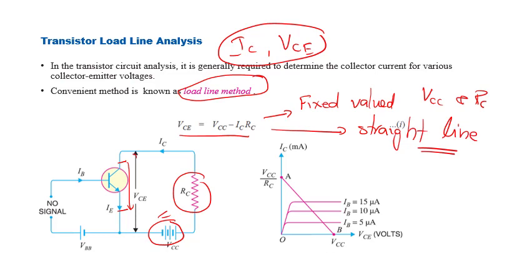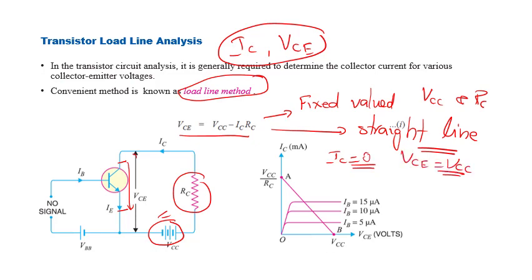To find the position of this straight line, we can easily establish the endpoints. Suppose we consider IC equal to 0, that is along the x-axis. Then VCE is equal to VCC.